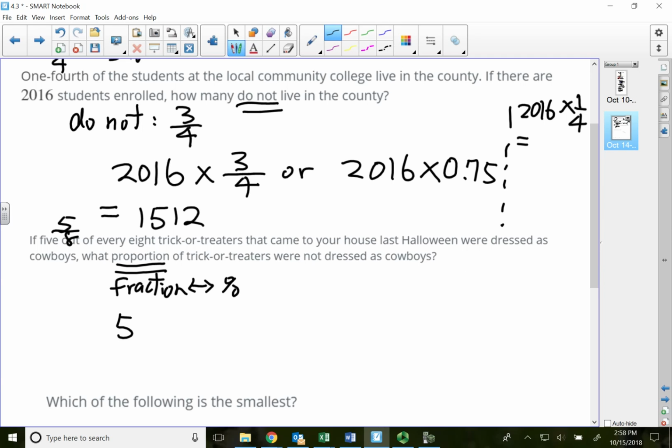So 5/8 is cowboy. What proportion or what fraction is not cowboy?